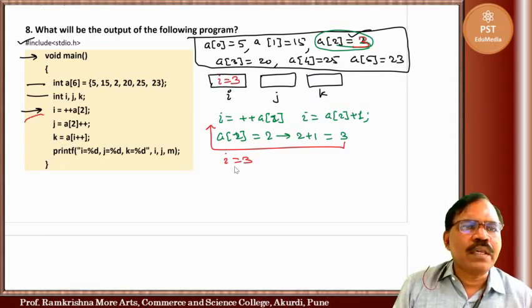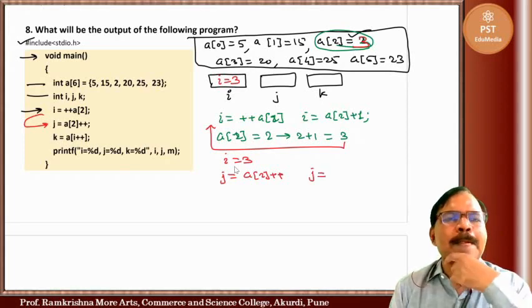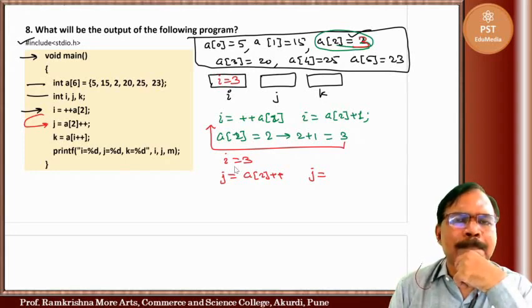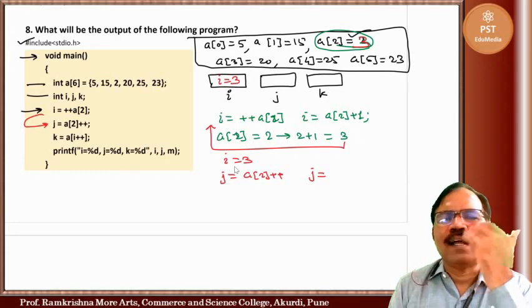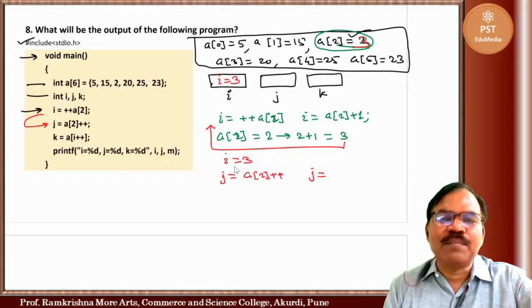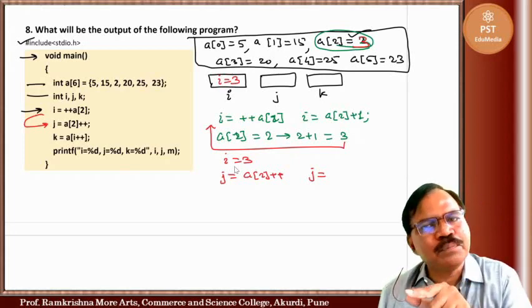Now then it comes here. j is equal to a[2]++. What will be the value of j? Three. Why is it 3? It is post-increment, and a[2] is already 3. Okay, and here it is post-increment.